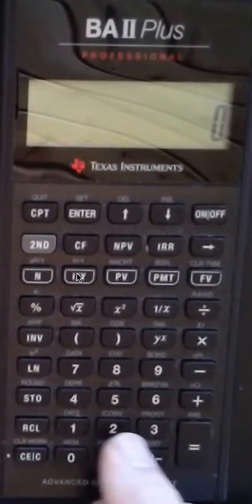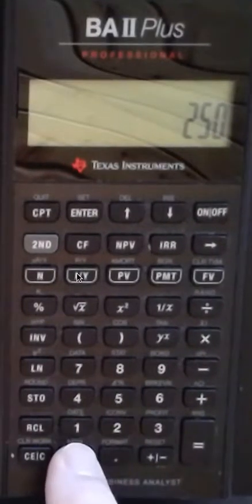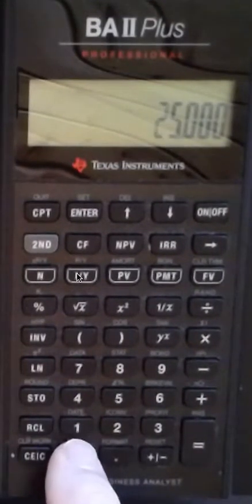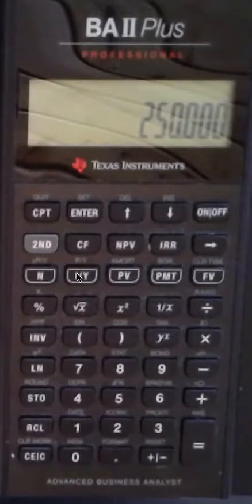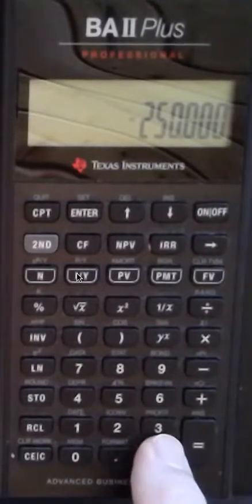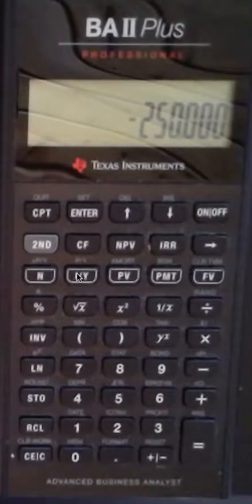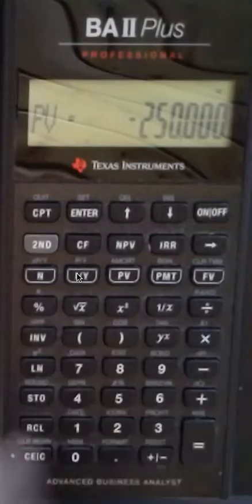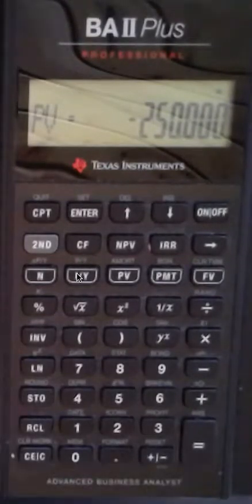And as I pointed out, we're going to borrow $250,000. We're going to change the sign because this is present value. This is what we're borrowing today, and that's going to be present value. Always keep in mind, whatever we put in PV, change the sign to a minus.